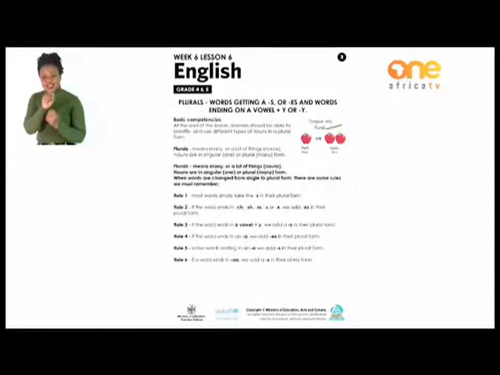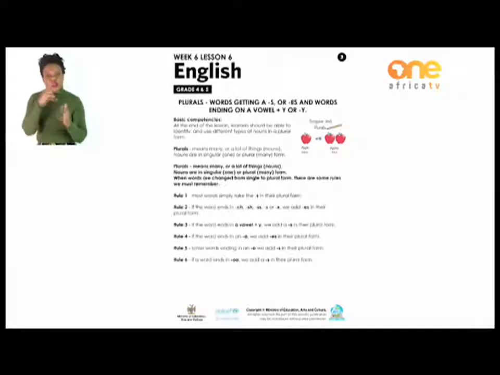Number 2, if the word ends in CH, SH, SS or double S, S or X, we add an ES when we are pluralizing.